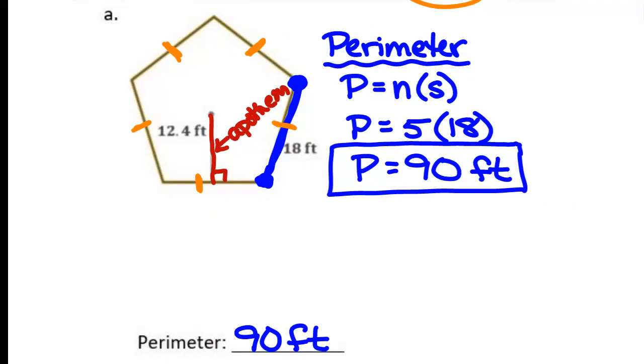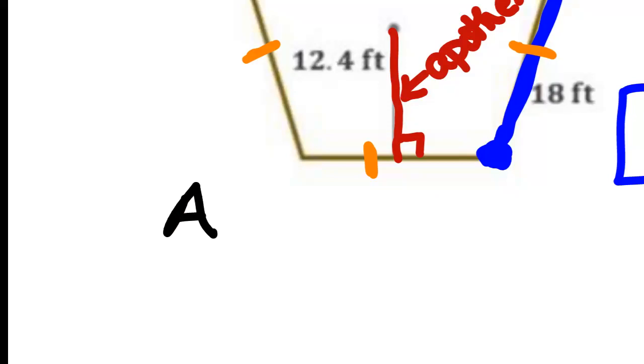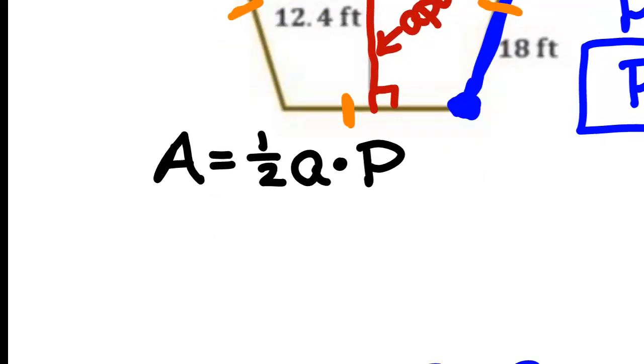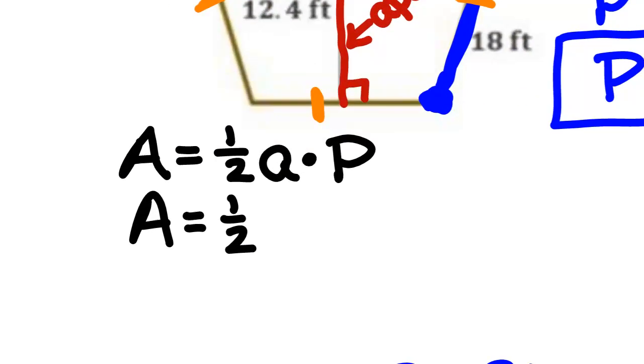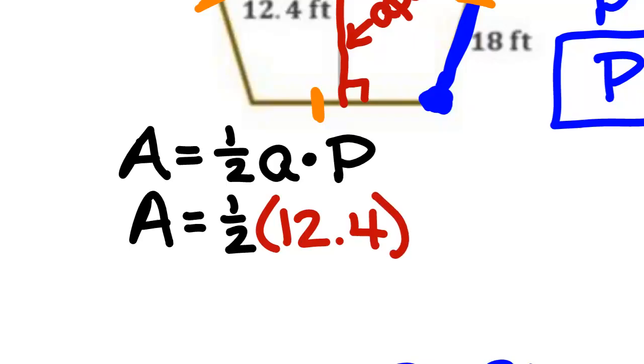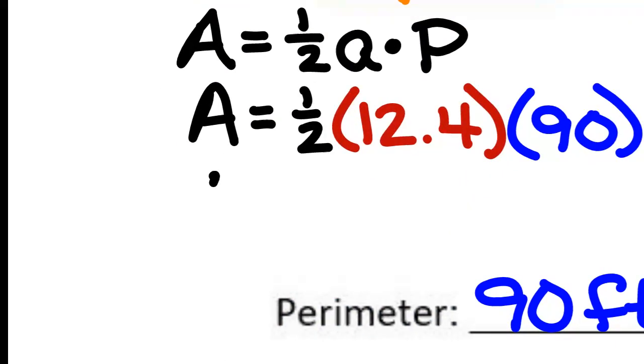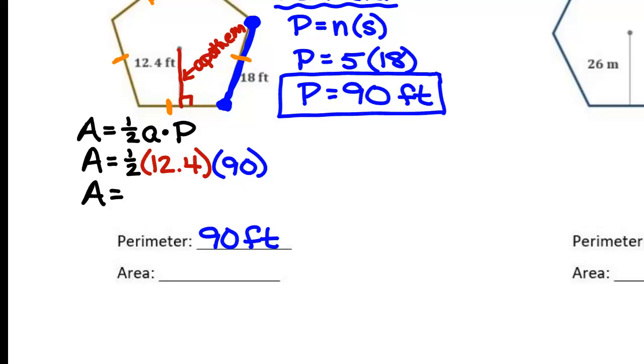When we've been given the apothem, the area formula we need is area equals 1/2 apothem times perimeter. So the area equals 1/2 times my apothem of 12.4 times my perimeter of 90. Now I need to grab my calculator and type all that in. 1/2 times 12.4 times 90.